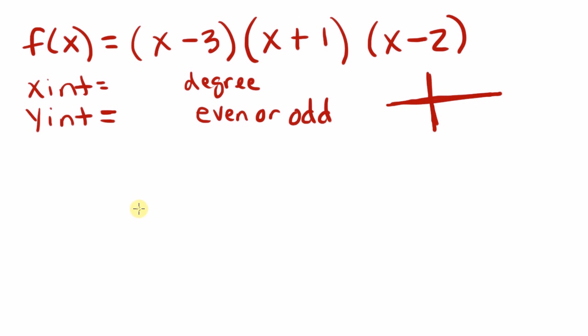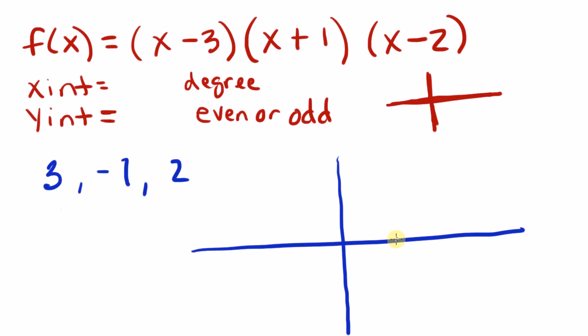Okay, so the x-intercepts are going to be where y is 0. So this is going to be 3, a negative 1, and a positive 2. Let's draw this right here. So at 2, negative 1, and 3.